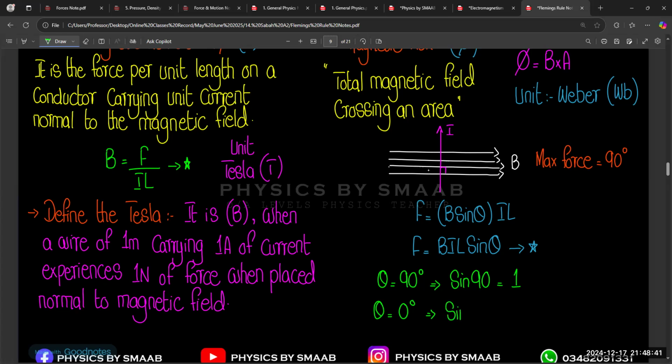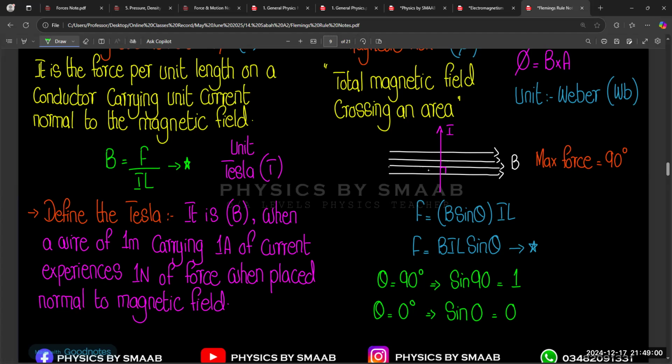Do we use cos? Right now we are not using it, but just for knowledge, both are opposite to each other. Sine 90 is 1 and cos 90 is 0, because of the sine and cos graph.